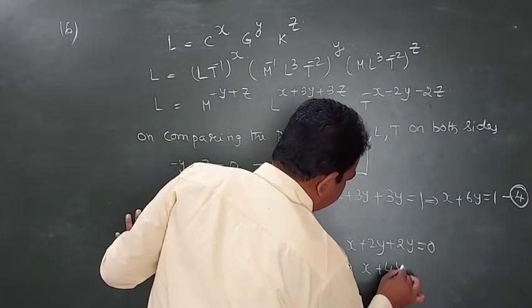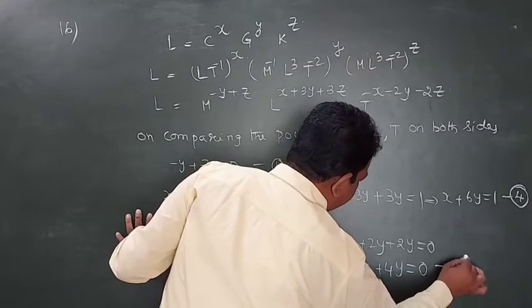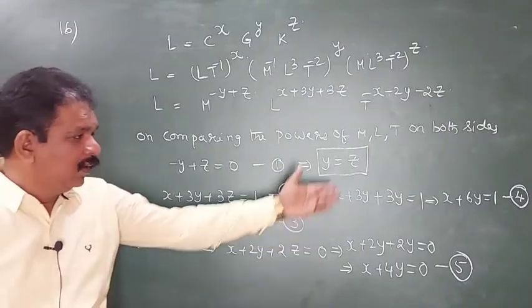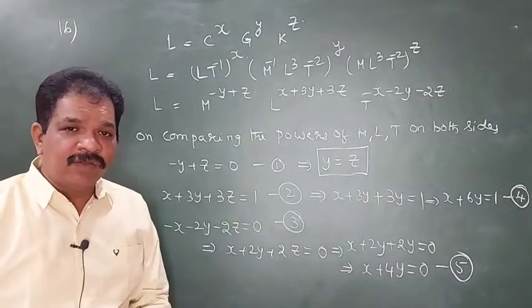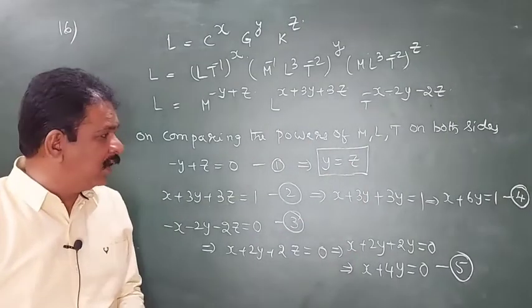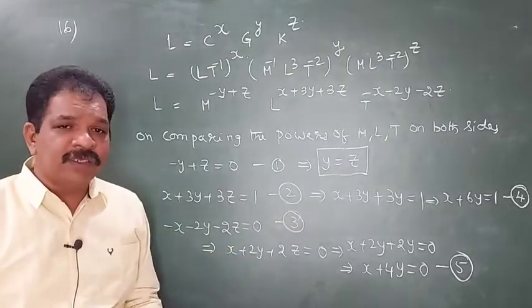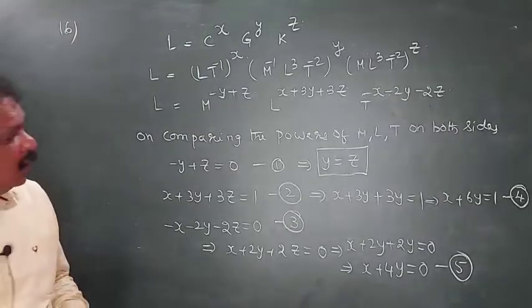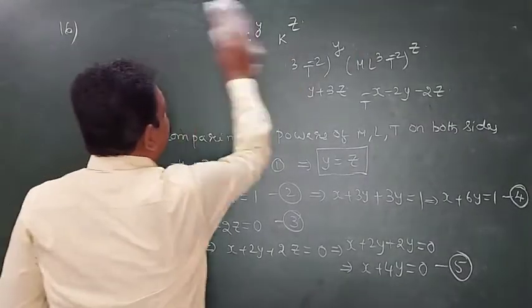X plus 4Y is equal to 0. Let it be equation 5. By solving 4 and 5, we can get X and Y values. Since Y is equal to Z, we will get the Z value also. Simple only.